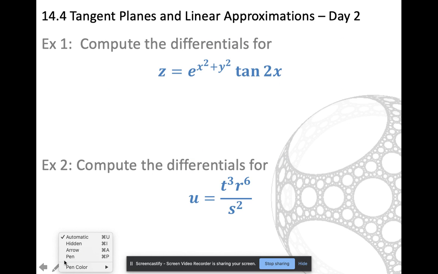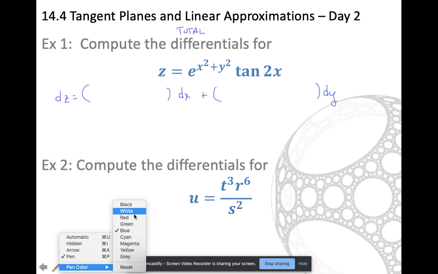So let's do a couple of examples. To find the differentials, and again, I could say total, but I don't have to, total differentials. The differential in z is a sum of partial x.